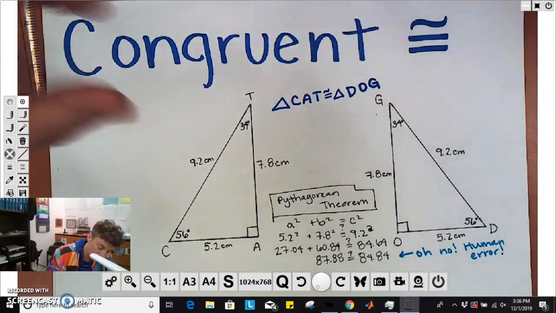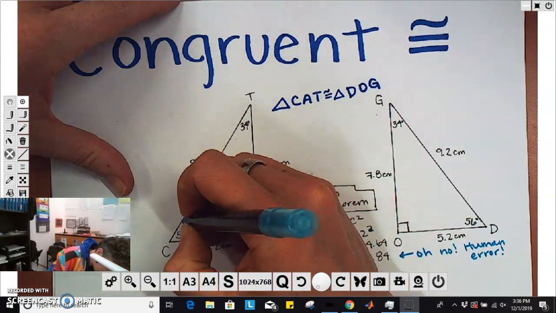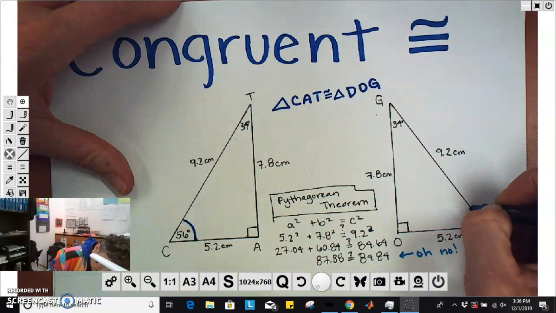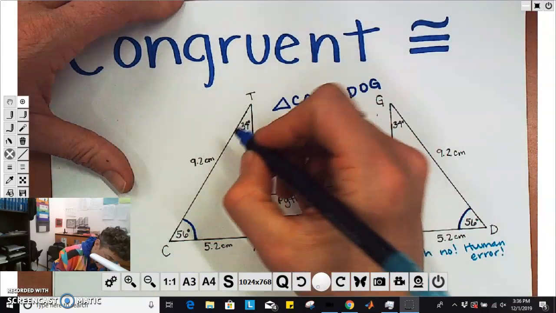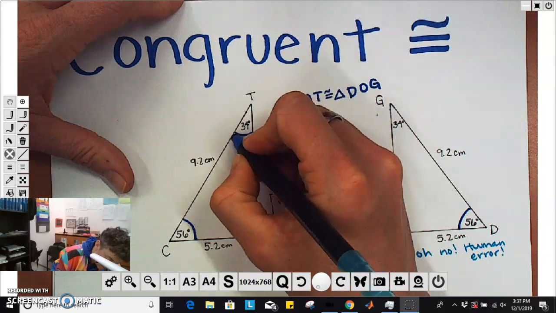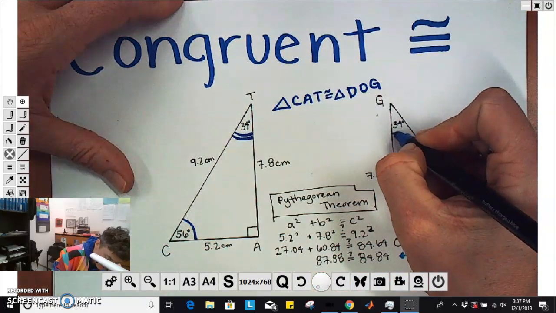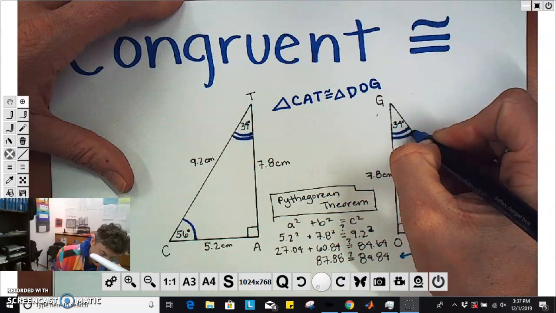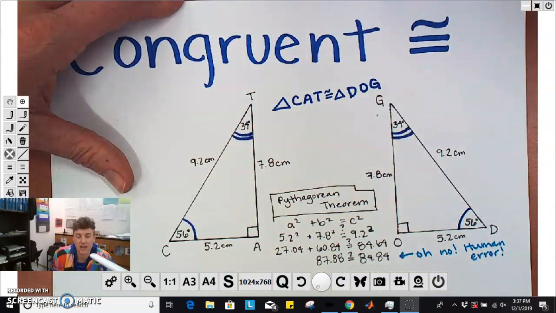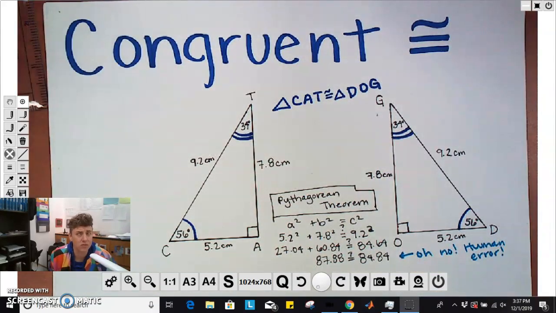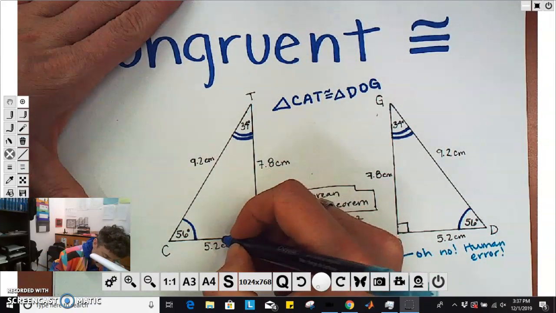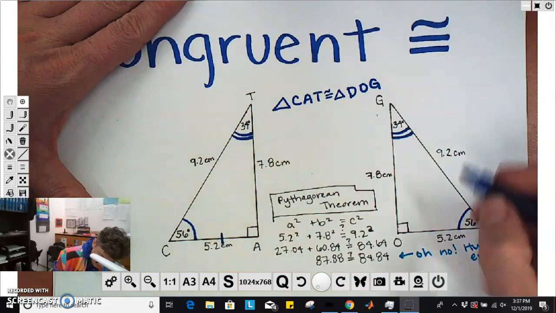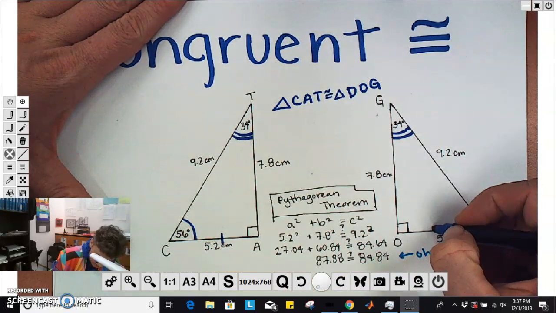And all of those corresponding parts were congruent. D congruent to C. Angle T is congruent to angle G. Angle A is congruent to angle O because all right angles are congruent. Side CA is congruent to OD.